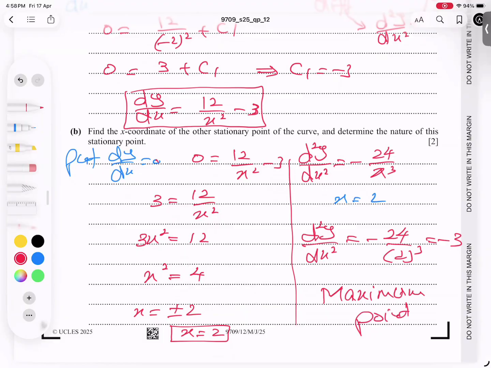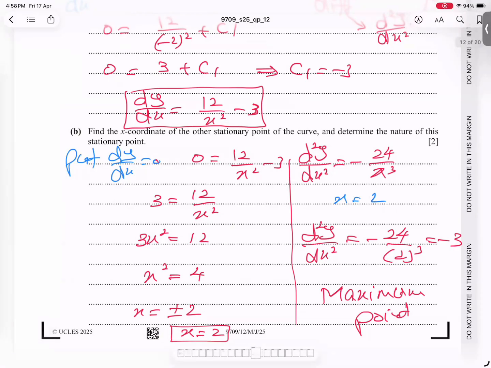I hope this part is also clear and you understood how I got this point of maximum. Because if the answer comes negative, which is what we have now, it is called a point of maximum. Now the next part on the next page is to find the equation of the curve.